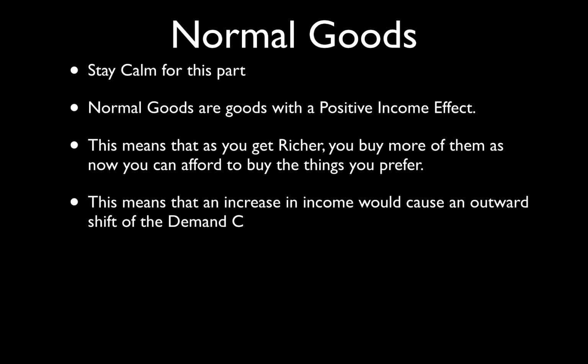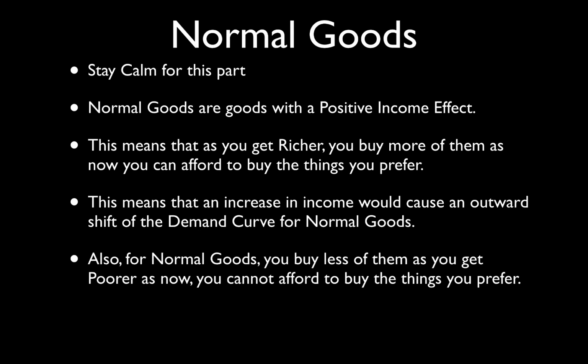These are the type of goods that you could not afford to buy initially before your income increased, and now you can, so you buy them. Because if you couldn't afford to buy them, you were buying zero. Now if you buy only one, that is an increase in the amount purchased, and as such you're buying more of them following an increase in income. This means that an increase in income would cause an outward shift of the demand curve for normal goods.